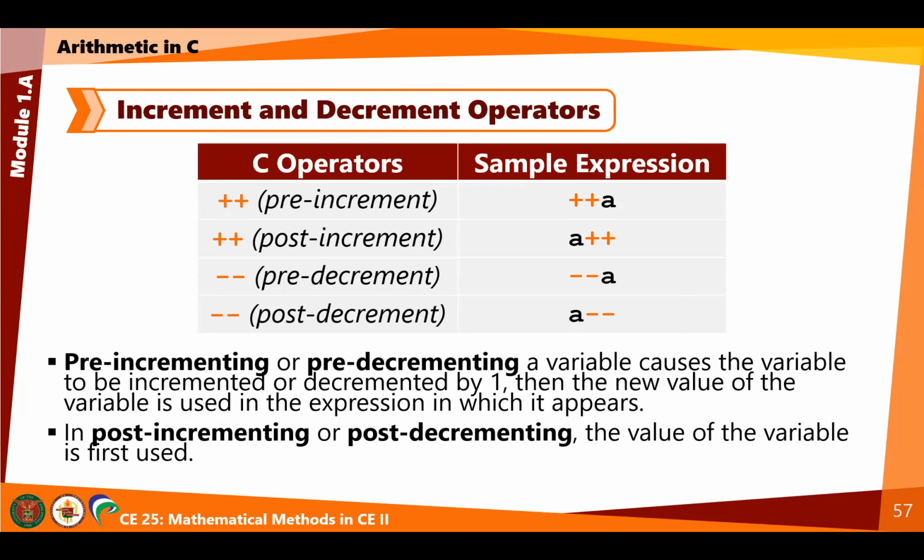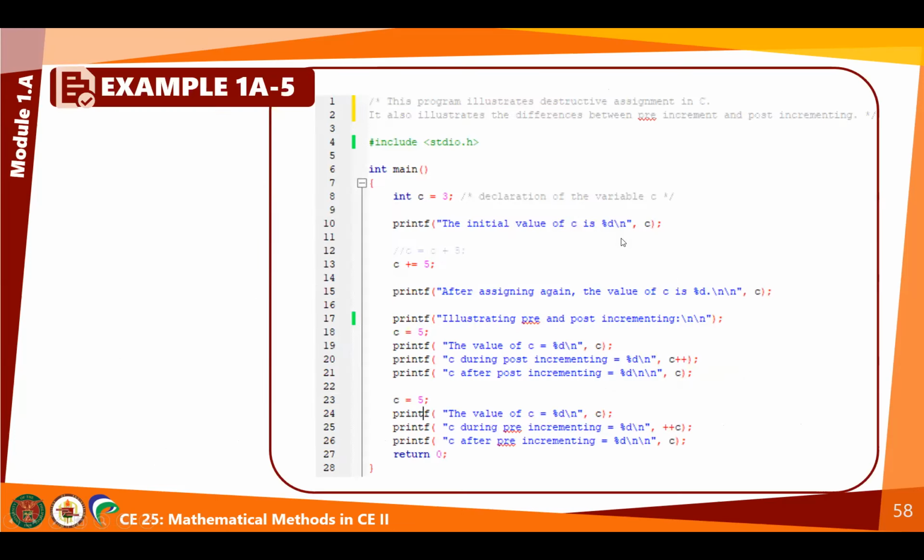In my case, I don't actually do this because it's confusing in a program, but it's good to know. For example, what's the difference between plus plus a and a plus plus? Let's see here.